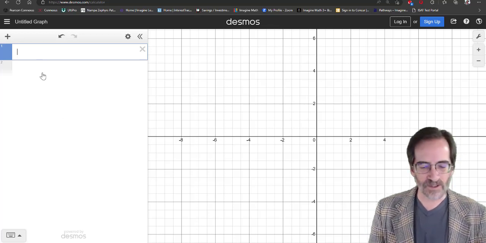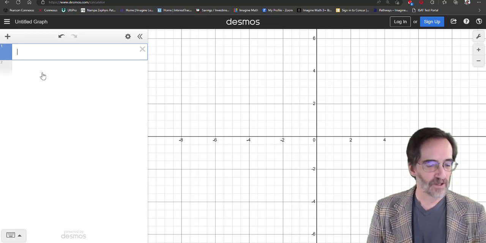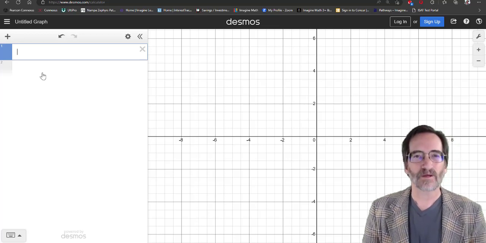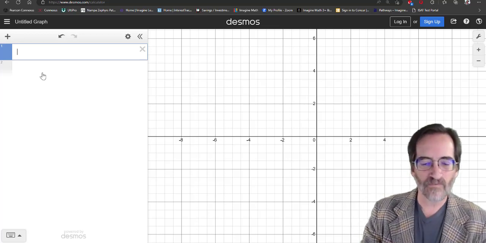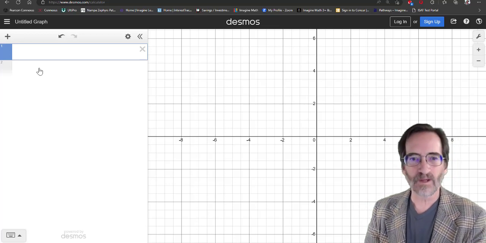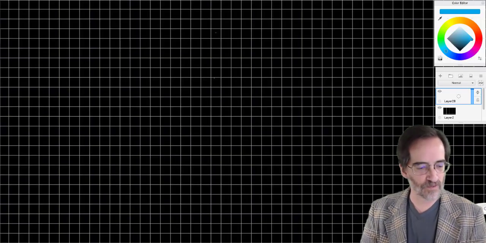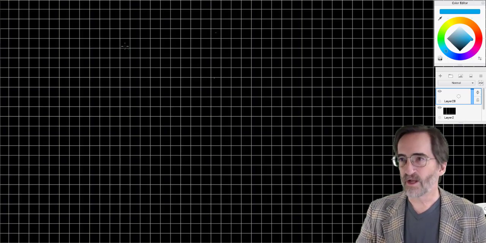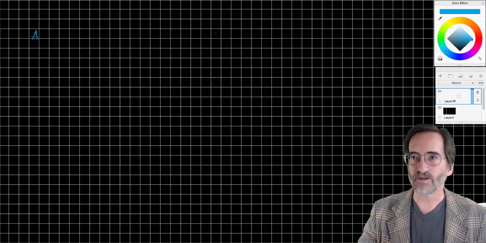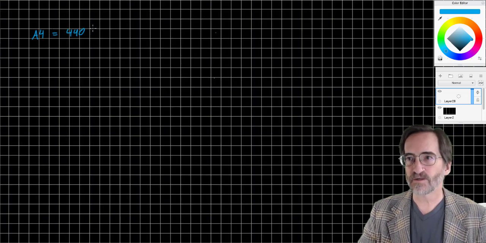If you're into music, you know that the orchestra tunes itself to concert A. A is 440 hertz, and let's go to a screen to write on here. So A, and then on the piano keyboard it's called A4 because it's in the 4th octave. A4 is 440 hertz.